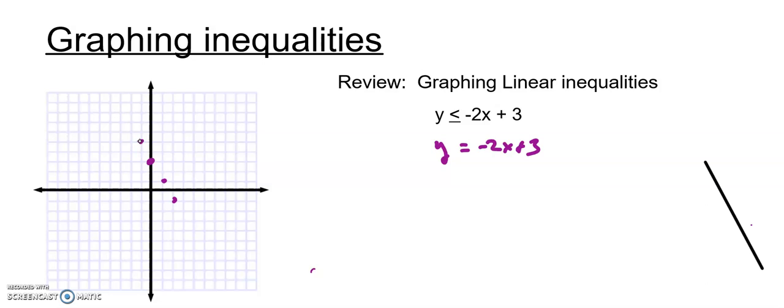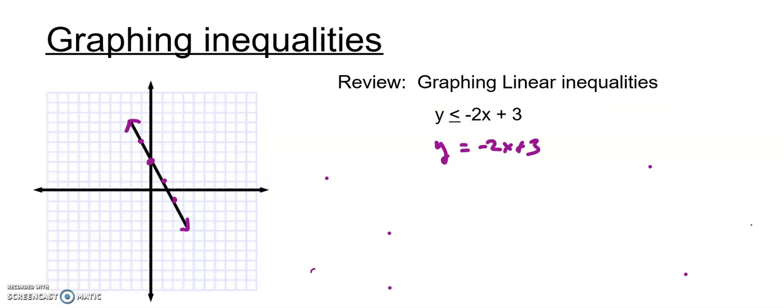Now, because of this equal to sign, would you agree that every point that's on the line will satisfy this inequality? It's kind of like a mixture between an inequality and an equation. So I'm still going to draw that line connecting those points, and that line will be a solid line, correct? Every point on that line will be a solution to this inequality because of the equal to sign.